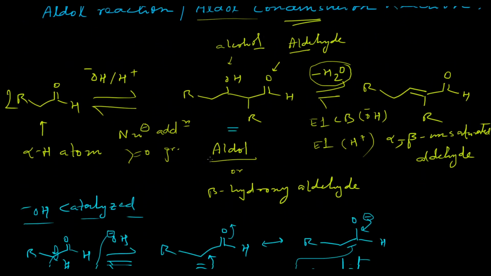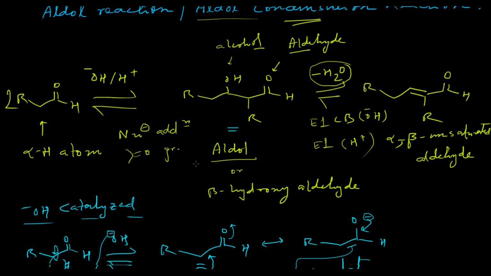This aldol molecule can be isolated as a sole product or major product during this reaction if we do not continue this reaction for prolonged time, and also if we keep the temperature low, as well as if we keep the concentration of the base or acid, whatever we use as a catalyst, also low, then we will obtain the aldol product as a major product.